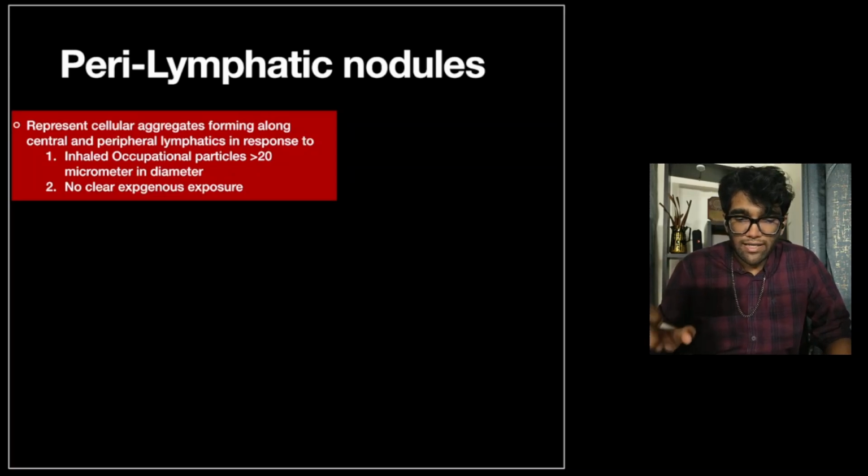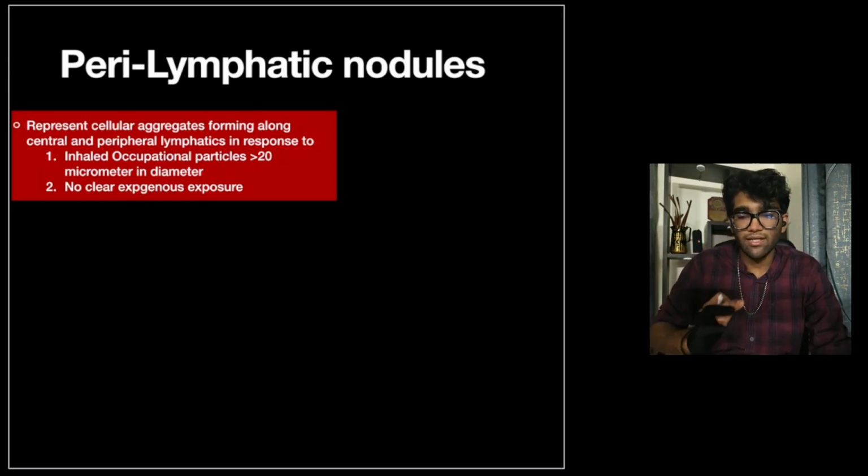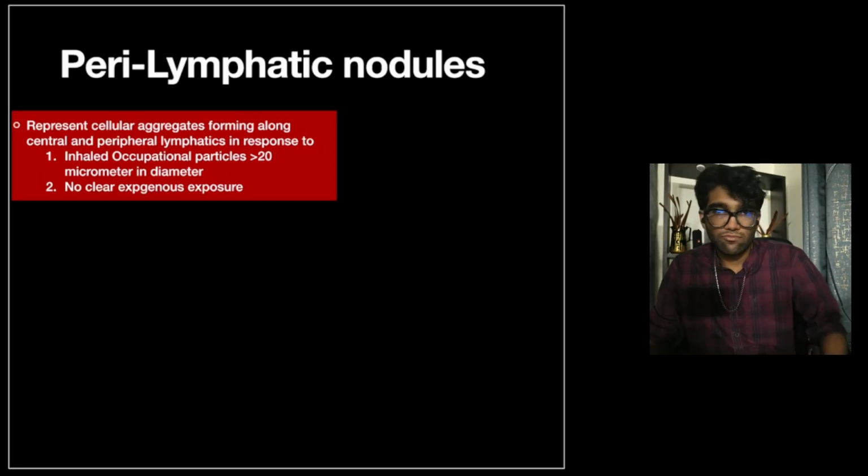This particle just sits there. It is removed in bits and pieces through the lymphatic drainage, and often ends up producing a granulomatous response against this particle somewhere along the lymphatic drainage. So that is what we end up finding.